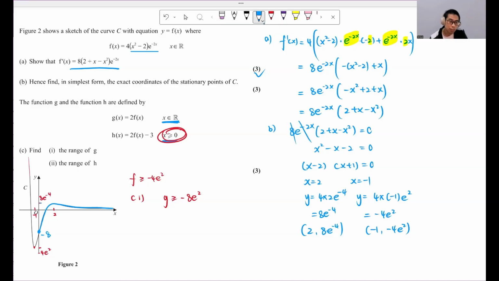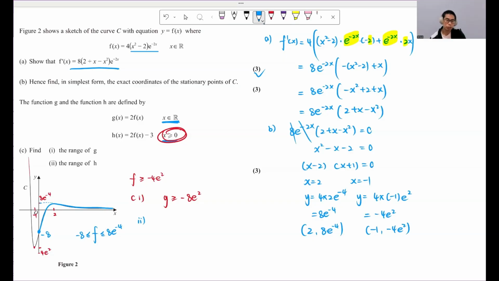And the largest possible y value for function f when x is more than or equal to 0 is just 8e to the power negative 4. Since h(x) is equal to 2f(x) minus 3, for graph transformations, outside always means the y value, so we only need to look at the y value. For function f, if x is more than or equal to 0, for just this part, f has to be more than or equal to negative 8 and less than or equal to 8e to the power negative 4.